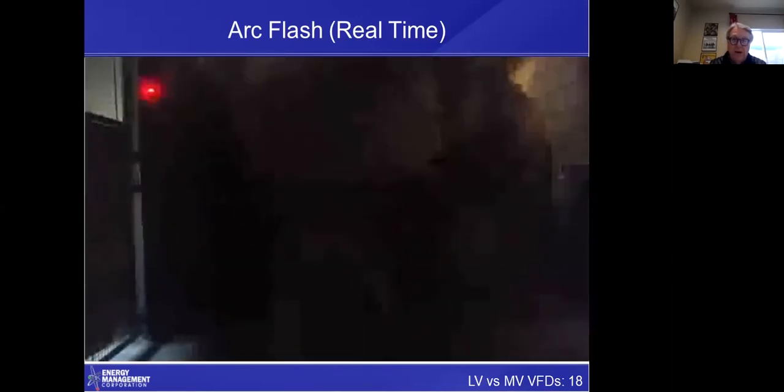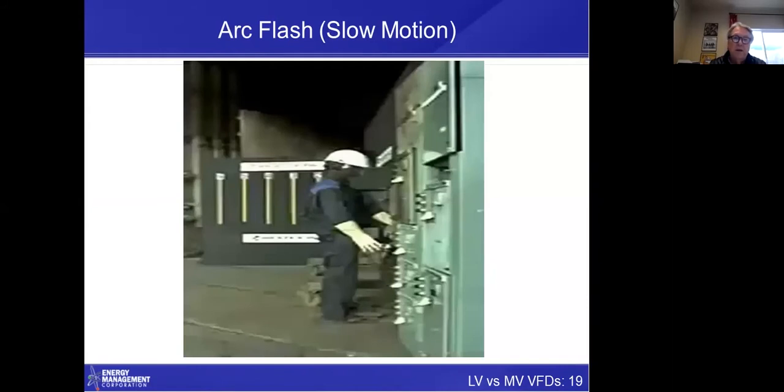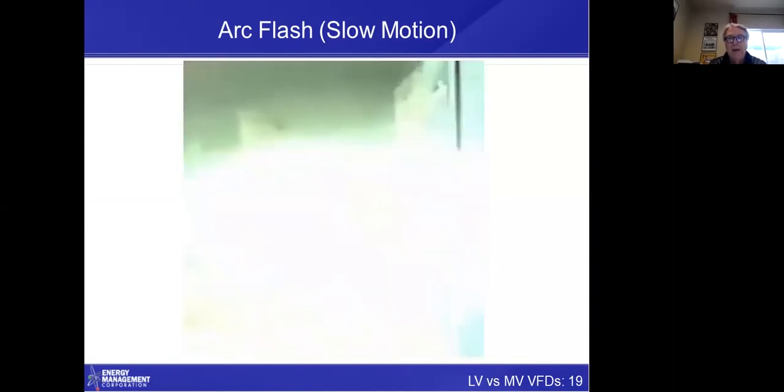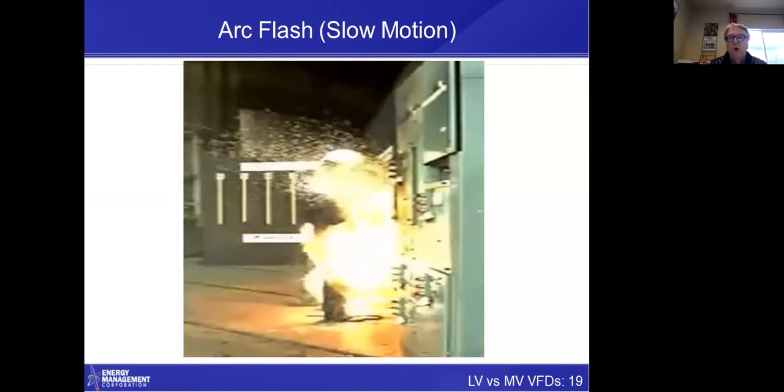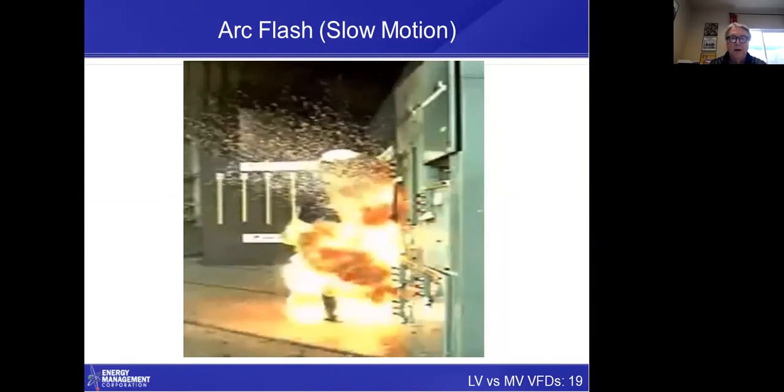Now, that's scary enough, but let's take a look at it in slow motion. This is a different piece of equipment, but it is also 480 volts. The person standing in front of the equipment is a mannequin, so we are not doing this to a real person. The mannequin is tied off, so it can't move. And in slow motion, this is what an arc flash looked like.